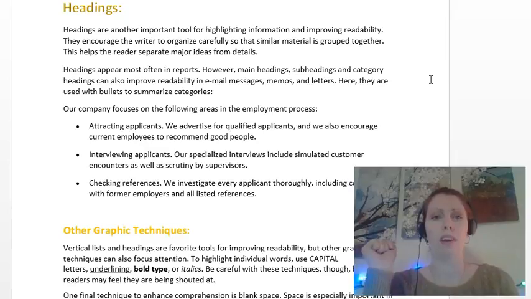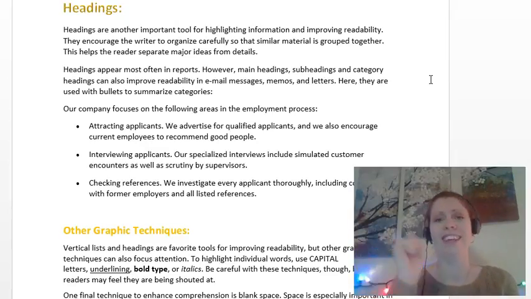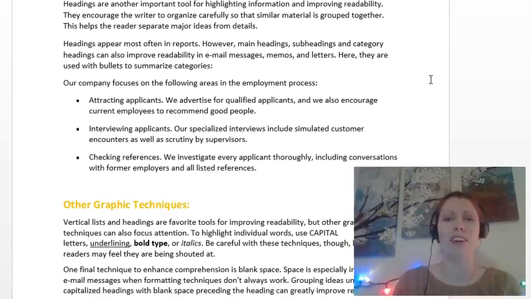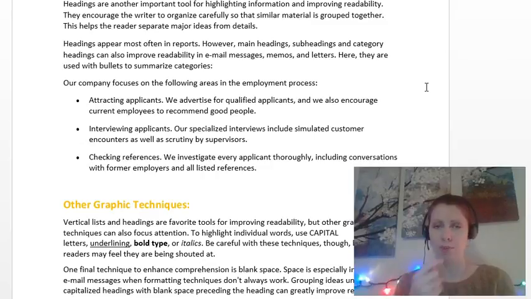So here they are, used with bullets to summarize the categories. Our company focuses on the following areas in the employment process. First bullet, attracting the applicants. We advertise for qualified applicants, and we also encourage current employees to recommend good people.